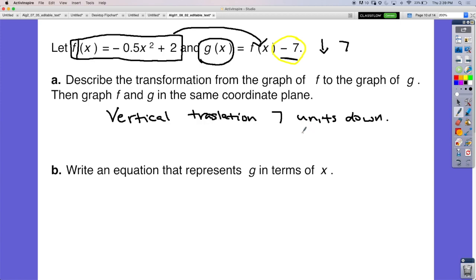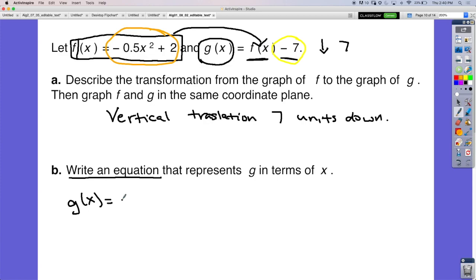All right. That to me is the part that's easiest to understand. Here's the harder part. You have to now write a new equation. So, g of x. Pay attention here. It's so much easier than it sounds. g of x is really f of x minus 7. Well, what's f of x? What's f of x, guys? Yeah, it's this right here. That's f of x.